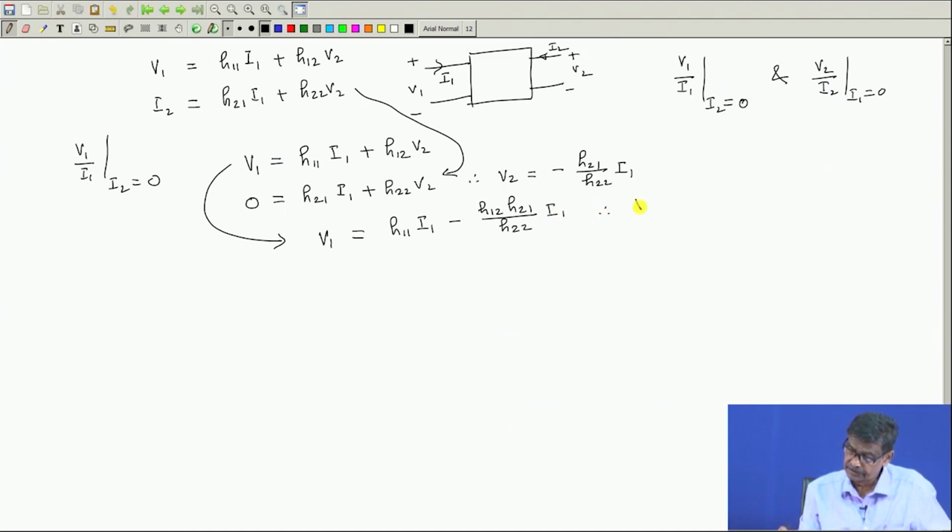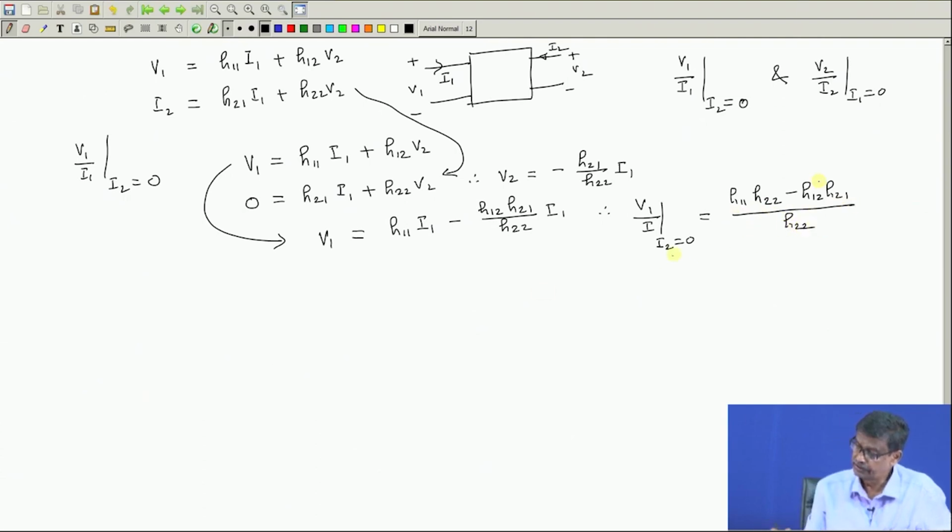Therefore, we get V1 by I1 with the condition that I2 equal to 0, output port open circuited, you will get H11 H22 minus H12 H21 divided by H22. This is what you will get.